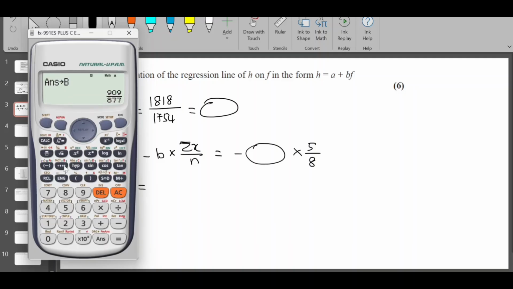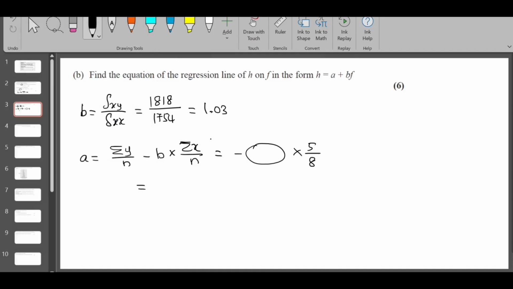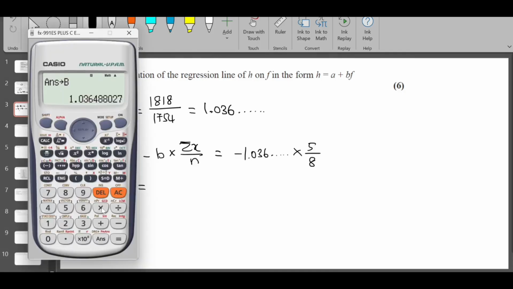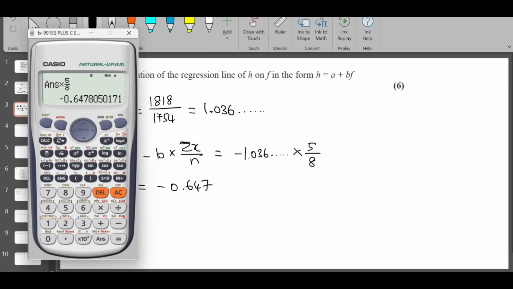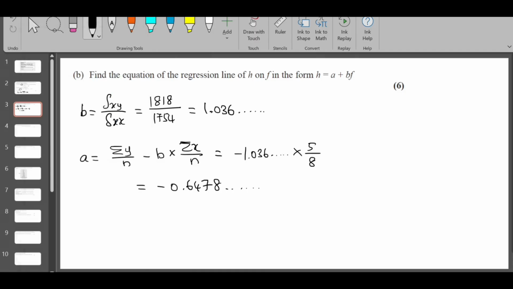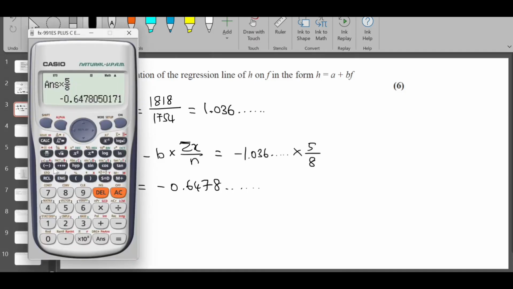Gonna store the value as B. 1.036 dot dot dot. Then 1.036 times minus 1, that's minus B times 5 over 8, will give you the value of A, minus 0.6478 dot dot dot. We might need the value, so I'm going to store it as A.